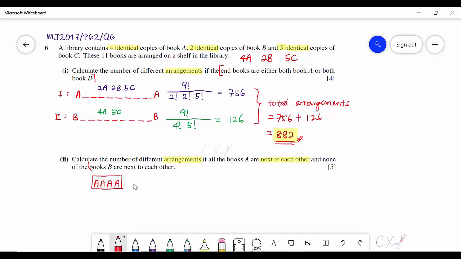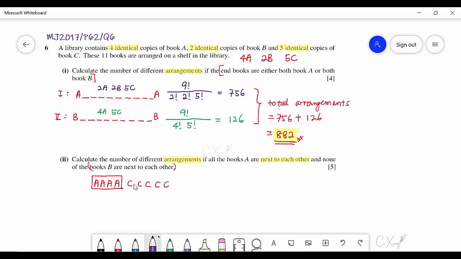So for book B, when they are not next to each other, it means that they must be separated, so I will arrange them last. Now I have the 4A all together, and I have the 5C here, which can be separated: 1, 2, 3, 4, 5, 5C. First of all, I need to arrange all these items.